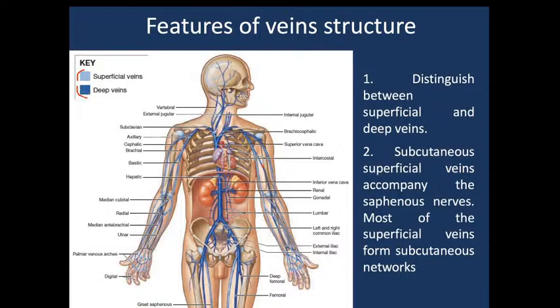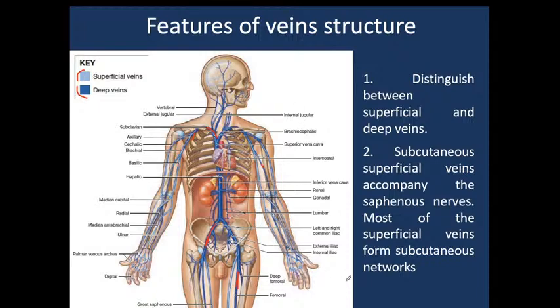Deep veins are subclavian, axillary, brachial, and a lot of veins in the abdominal cavity and thoracic cavity, as well as in the lower limb here. These are the deep veins, and also we can find superficial veins in the lower limb as well as in the upper limb.